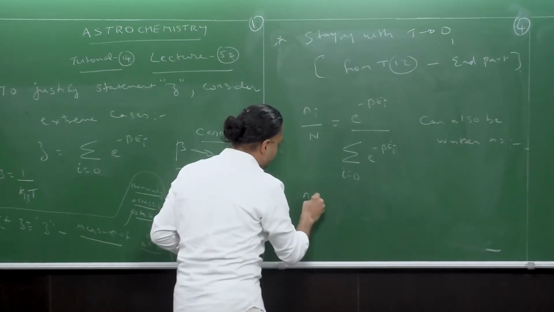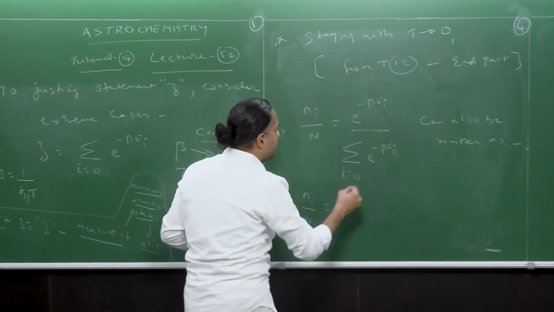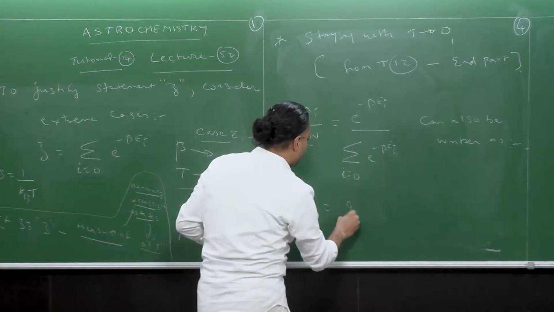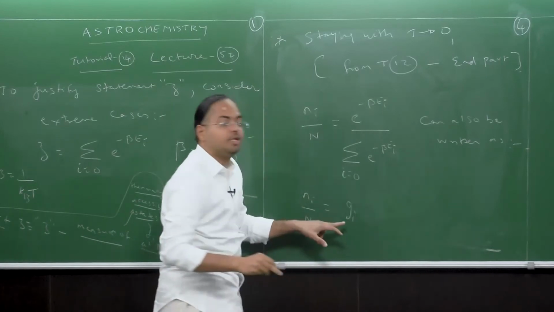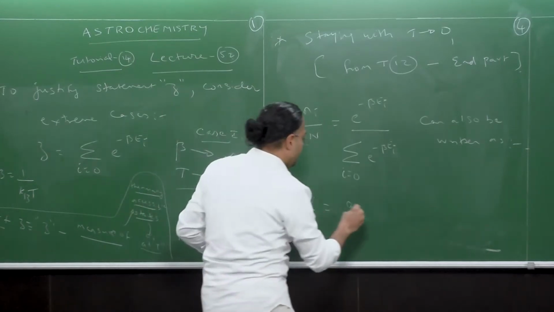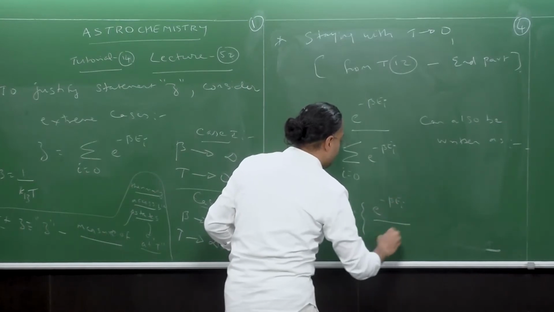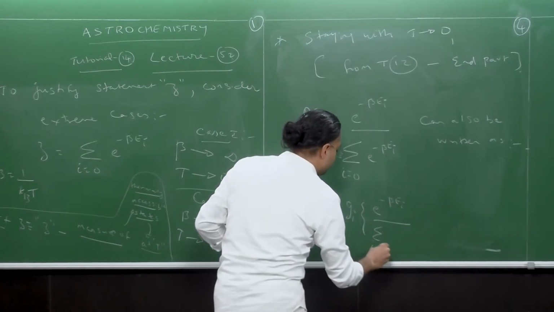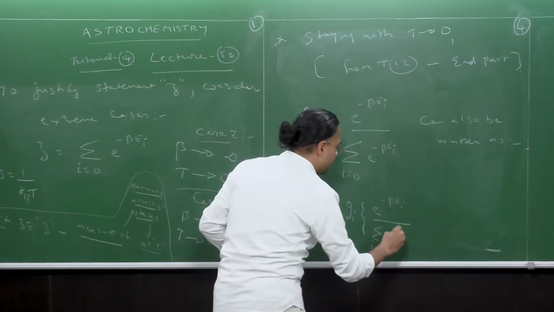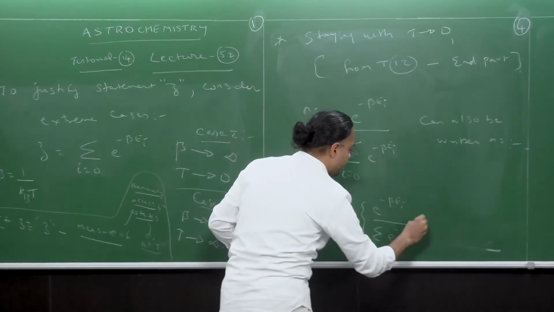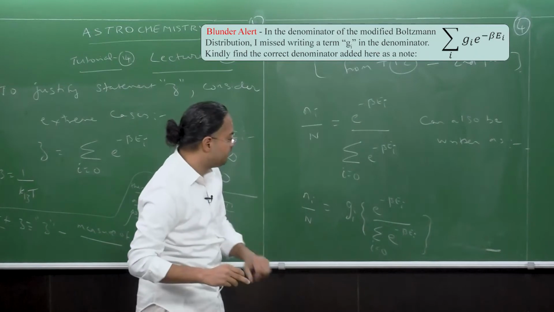again, Ni by N is equal to Gi, where G is the degeneracy of the system now, times e to the power minus beta Ei by the sum over i equal to 0, e to the power minus beta Ei. Now please note this point here.